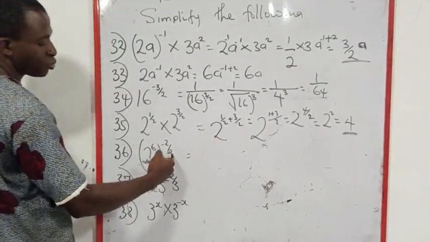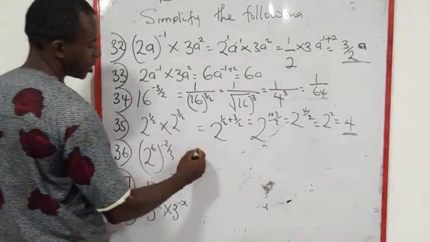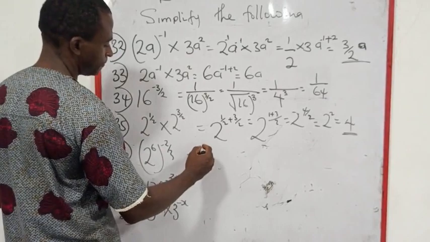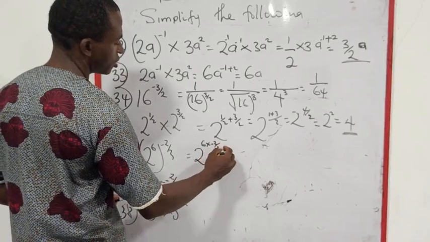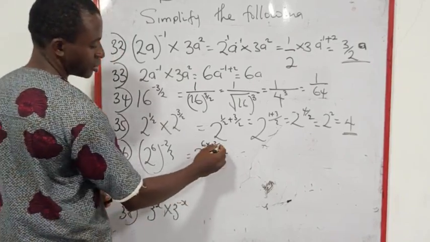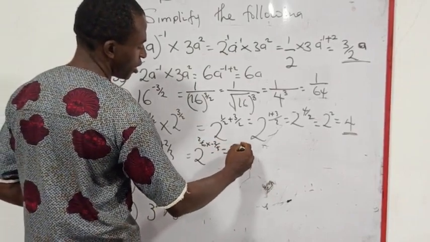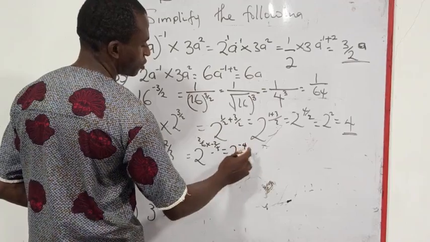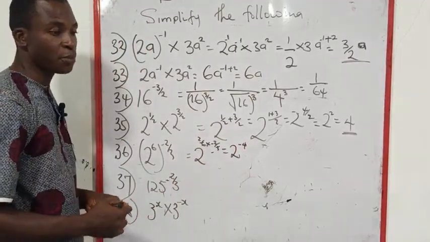We continue with this. If you do this, you are going to multiply through the power. Remember that we are multiplying through. So what we now have is 2 raised to power 6 times minus 2 over 3. And when you do that, don't forget 3 will go here 1, 3 will go here 2 times. So what we now have is 2 raised to power minus 4, because minus 2 times plus 2 will give us minus 4.